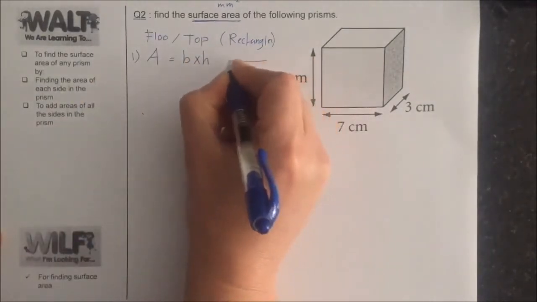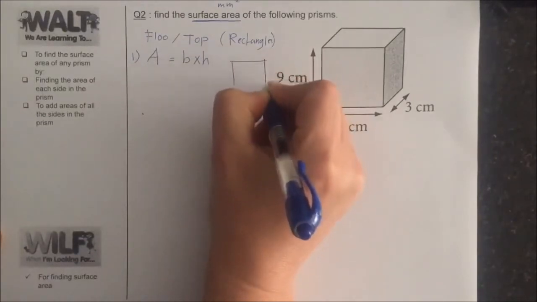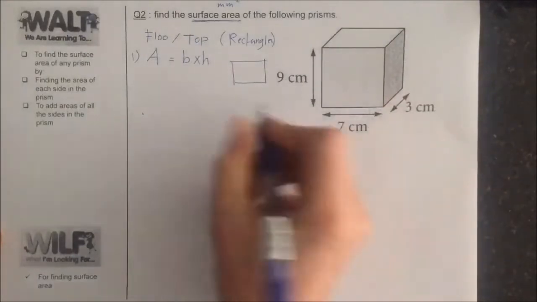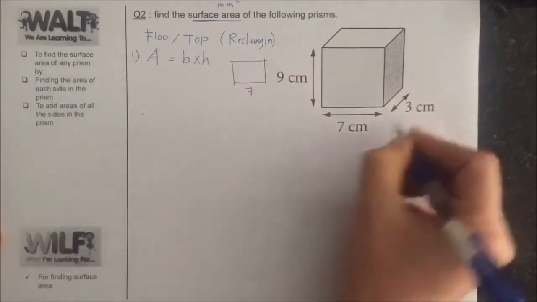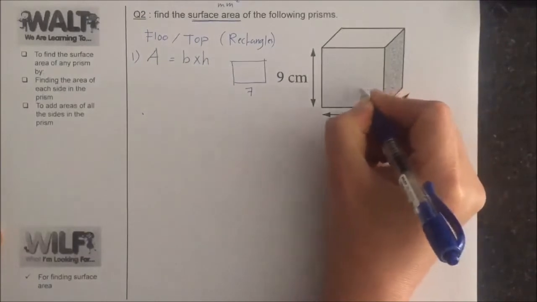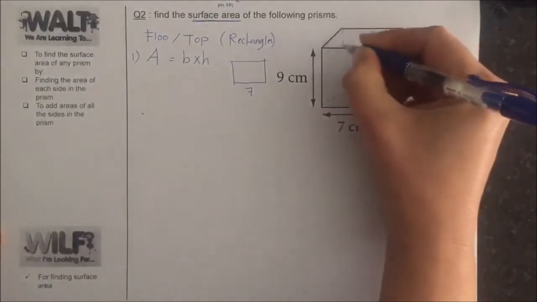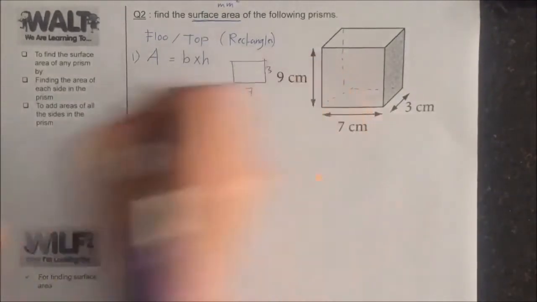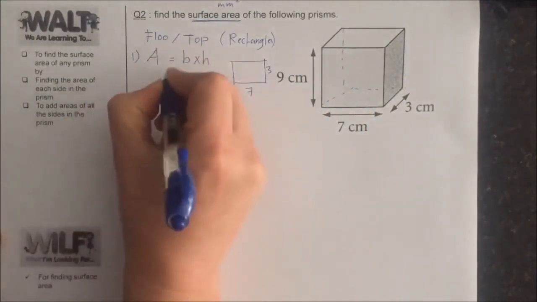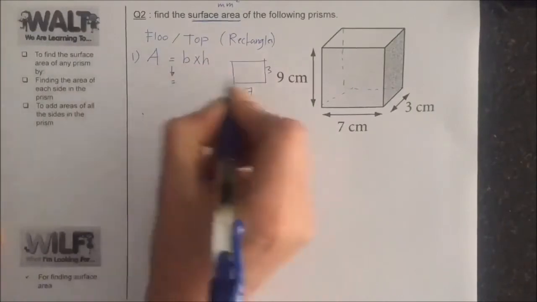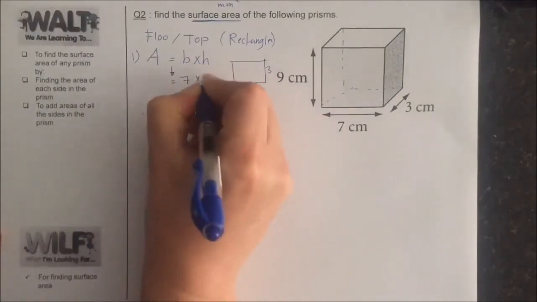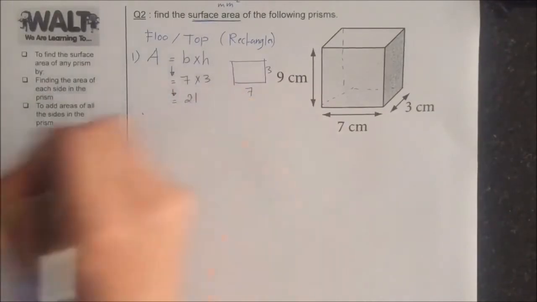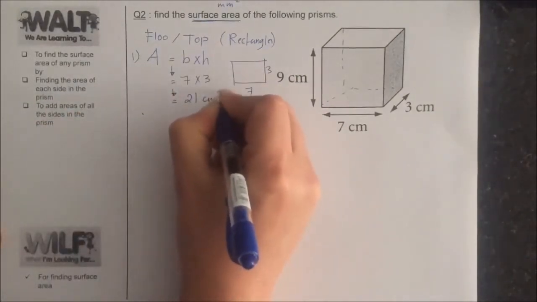Let's draw a little sketch here for this face and this face. What are the dimensions? 7 and, so this face is identical to the top, and this is 3, right? So step number 2, substitute. It's going to be 7 times 3, calculate, and it's going to be 21 centimeter squared.